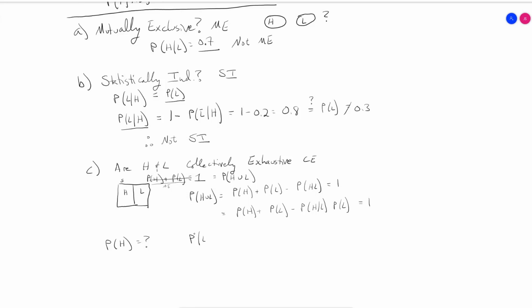The probability of L given H, that's something we have, is equal to the probability of L and H all over the probability of H. Then we can solve for H, which is what we're trying to find. That is equal to the probability of L and H all over the probability of L given H.